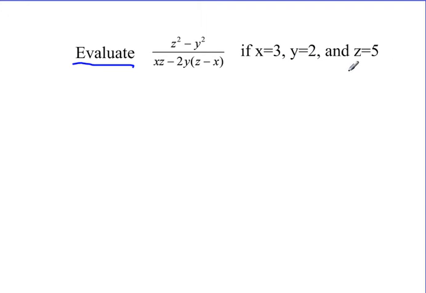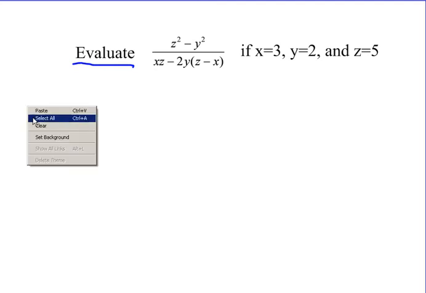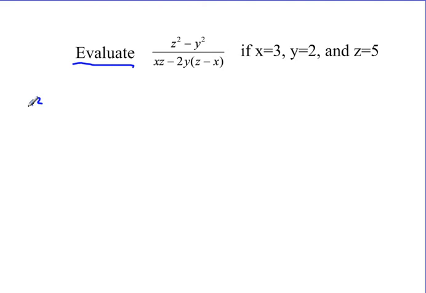I'm not going to simplify it. I'm not going to change a single thing about the problem. I'm simply going to plug in a number for the variable. So as you can see, our first part of this problem has z squared. Well, z is equal to 5 in this case, so I'm going to write that as 5 squared. Minus y squared, well, y is 2, so that will be 2 squared.